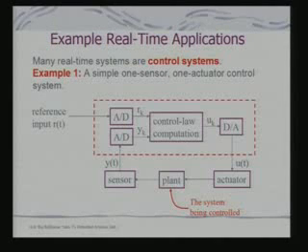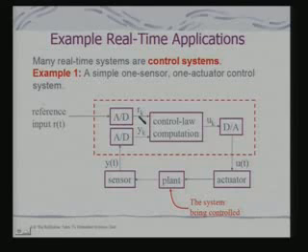So let's look at some examples, and with reference to the examples we shall understand how the constraints emerge. We are all familiar with control systems. This is an example of a very simple control system. You have got one sensor, one actuator control system. This is a reference input, this is a basic controller computation, and your input comes in as an analog input which gets analog to digital converted.